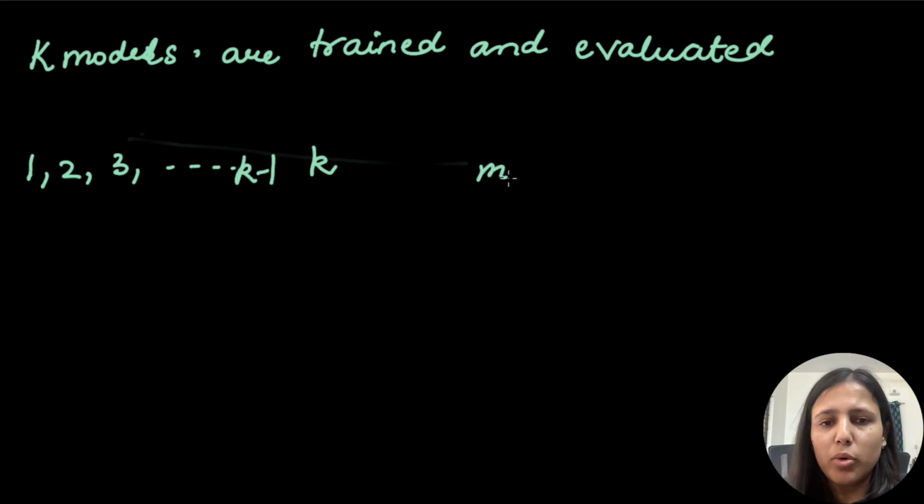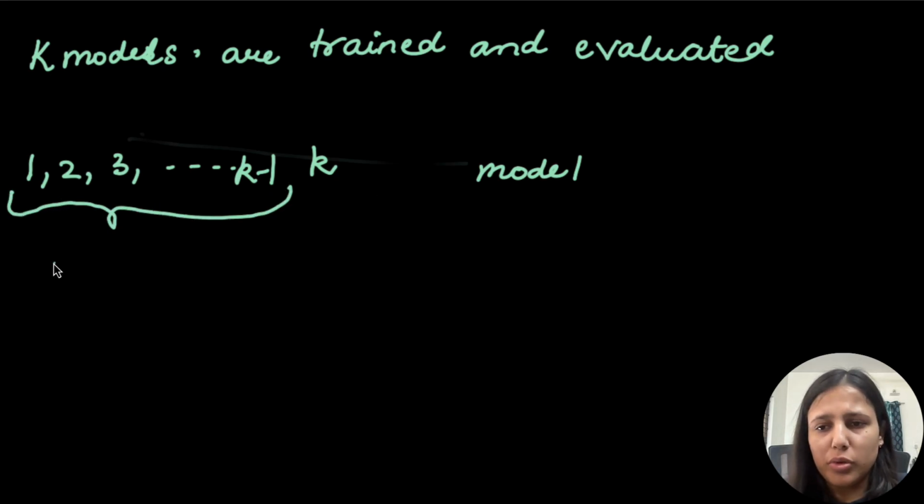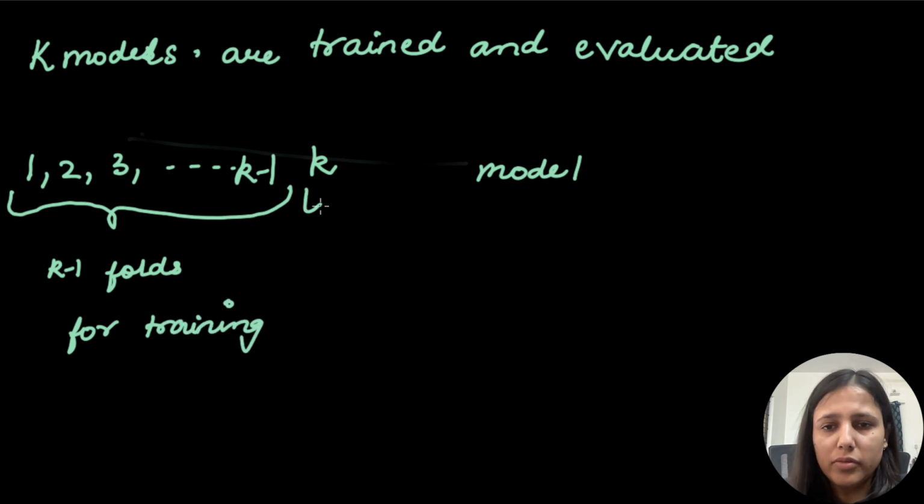So when you are training model 1, what we do is we take K minus 1 folds for training and only one fold for testing.